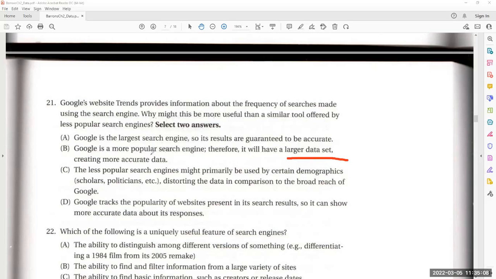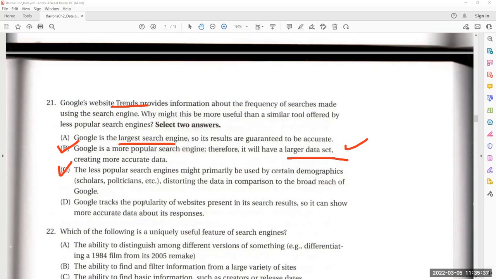A larger data set creates more accurate data, because you are doing trending. A less popular search engine might be focused on certain people and have bias. A smaller data set has a bias, okay? So B and C, yes.